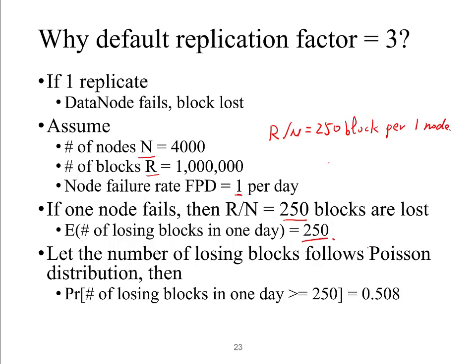So basically, the Poisson distribution models the number of events occurring in an interval of time.